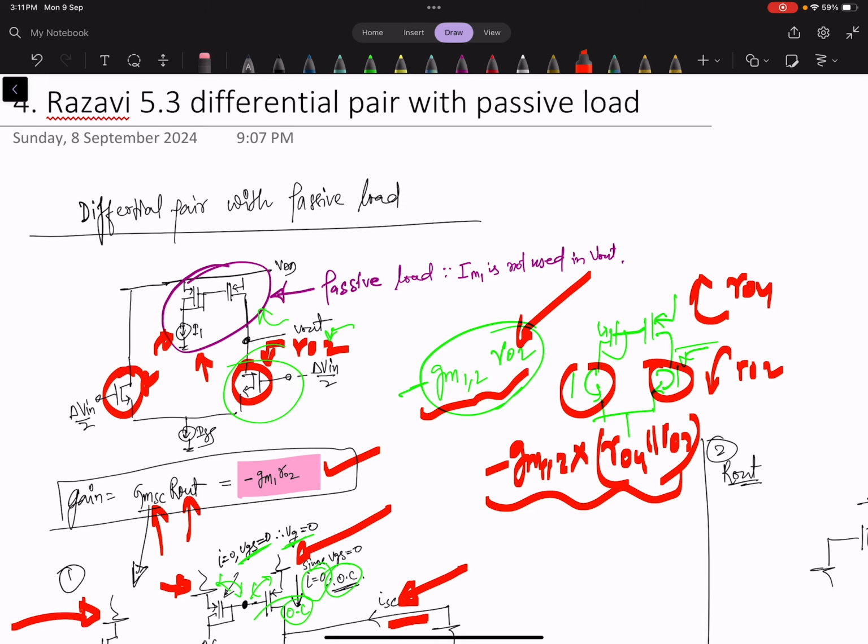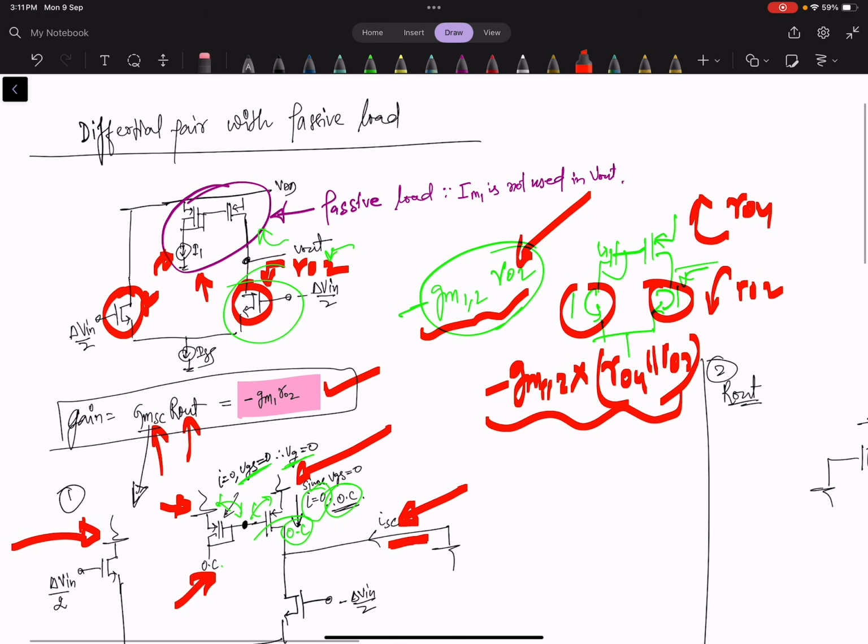So just simply remember that since we know how to derive and get to this point, to just write the equation, simply write gm of 1 and 2 multiplied by r_o2 as the gain, and here in the active current mirror mode, gm of 1 and 2 multiplied by r_o4 parallel r_o2.